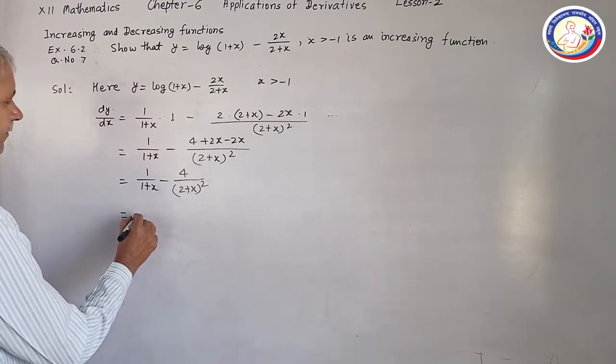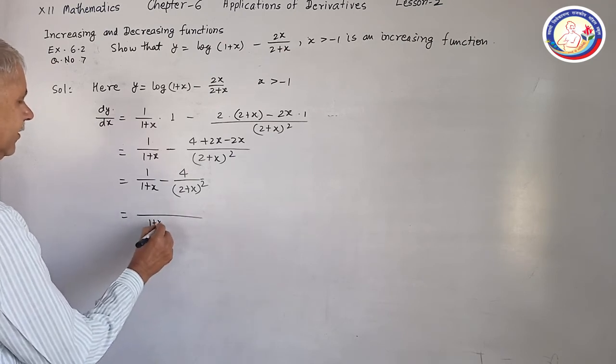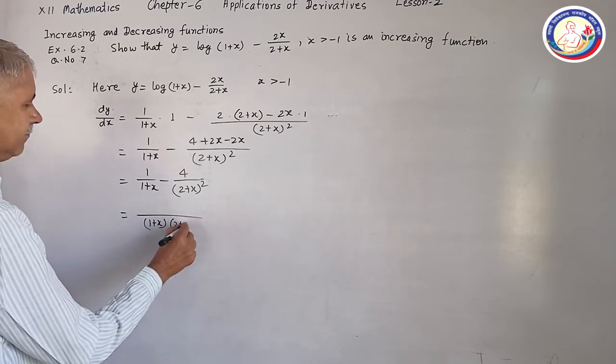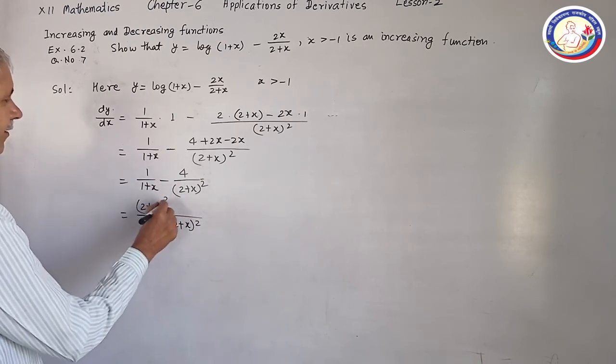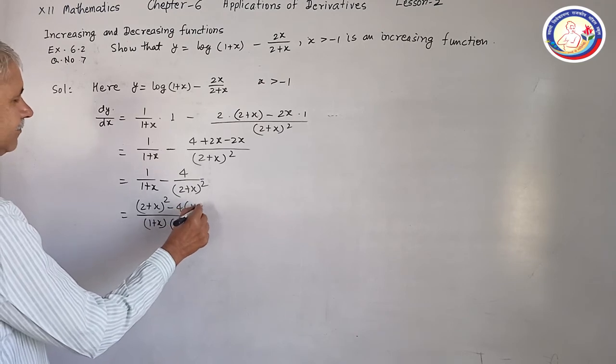Now if we simplify this, we get (2 + x) whole square minus 4 into (1 + x).